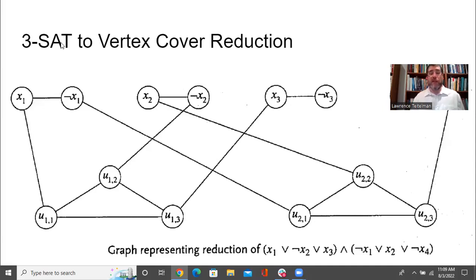And we know that we can't solve 3-SAT in polynomial time, or at least not without being able to solve every problem in polynomial time, right? So what we're doing is we're taking our 3-SAT problem and making it look like a vertex cover problem, which if we could solve as a vertex cover problem, we could also solve 3-SAT, which we know you can't do. All right.